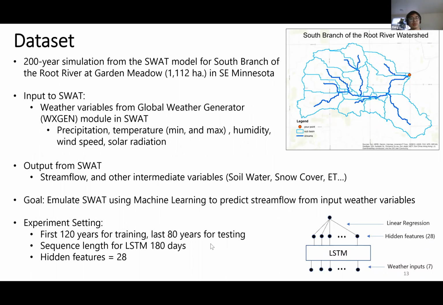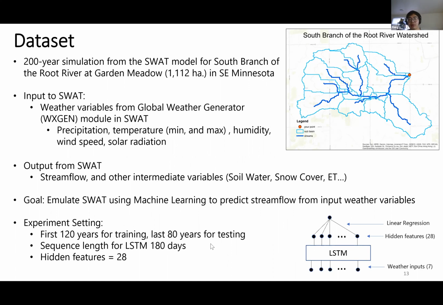The input includes the synthetic precipitation, minimum and maximum daily temperature, humidity, wind speed, and solar radiation, just like weather drivers to drive the terrestrial hydrological cycle. The output from SWAT includes the stream flow and other intermediate variables like snow cover, soil water, and evapotranspiration, because we like to have some reference values to train the machine learning models. Our goal is to emulate SWAT using machine learning to predict stream flow from those weather inputs.